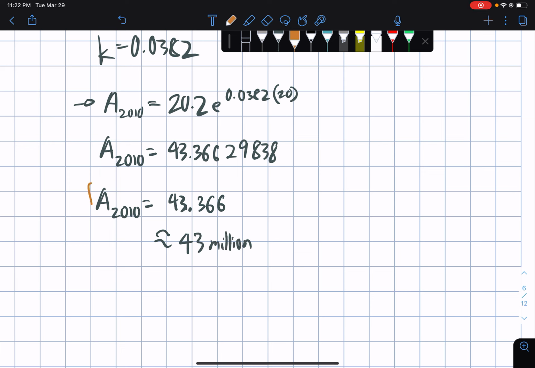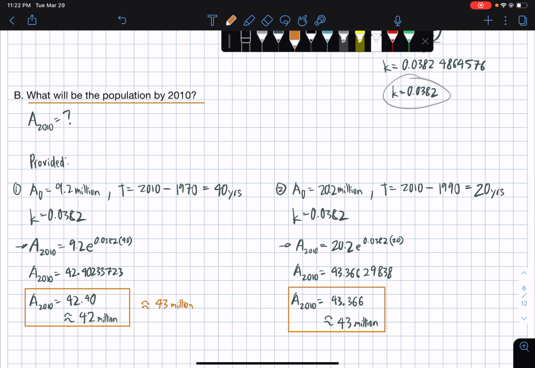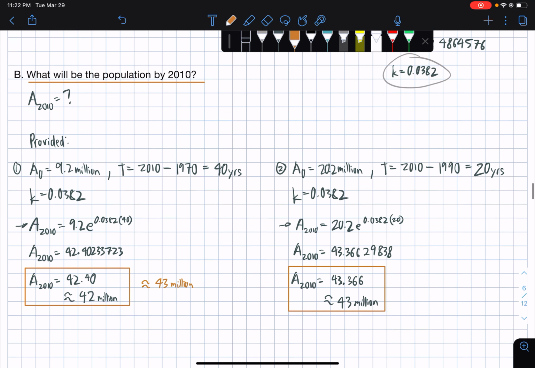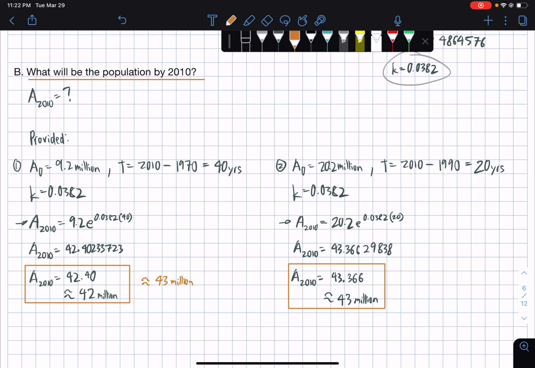So around that number, that's going to be the population by 2010 in approximation. As you can see, decimals are prone to inaccuracy, especially if you round them off.